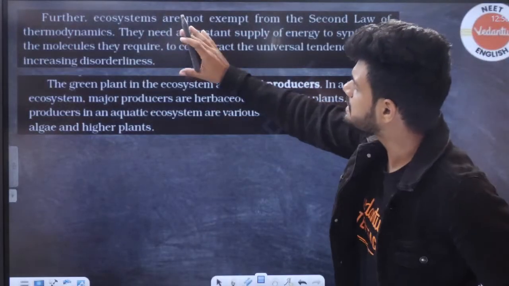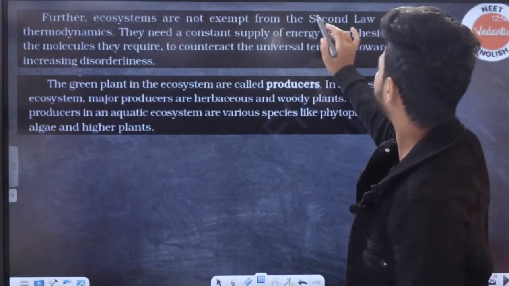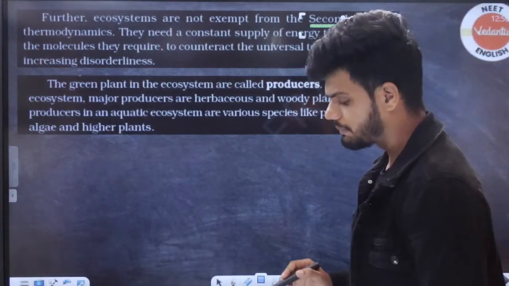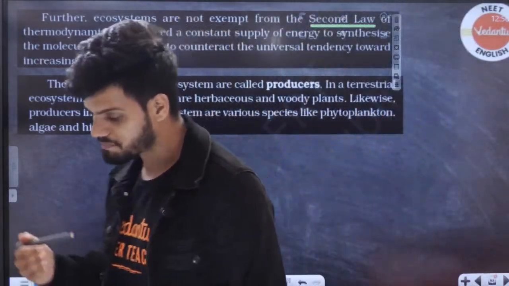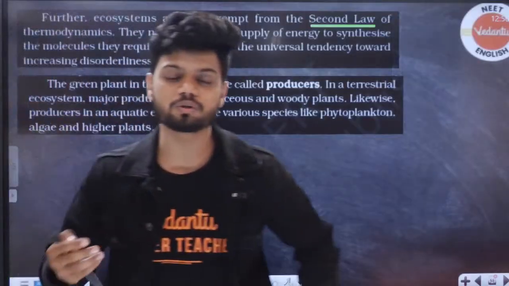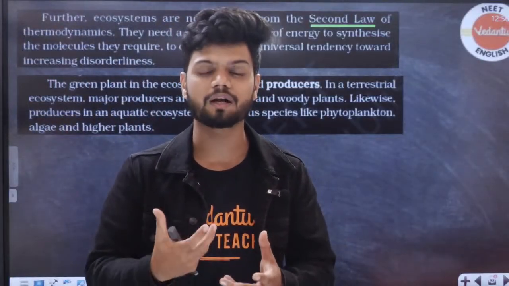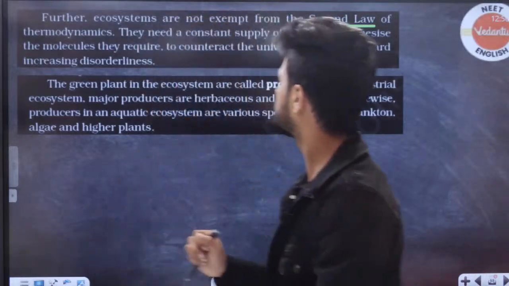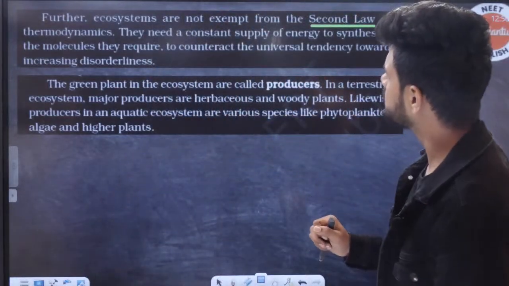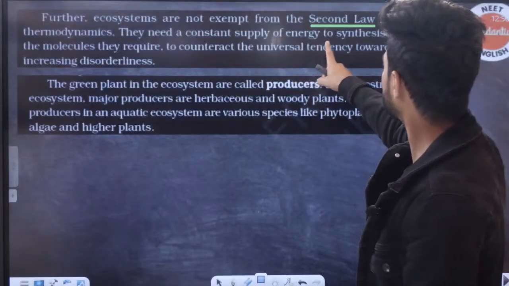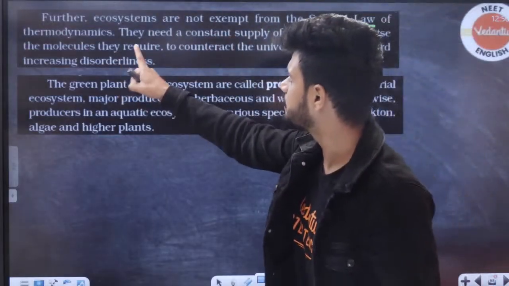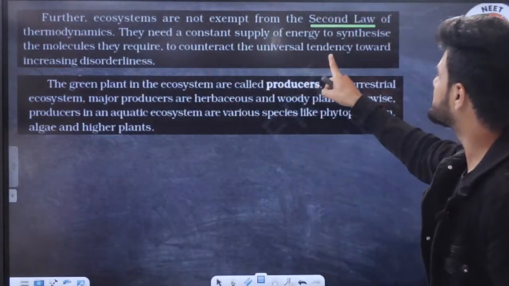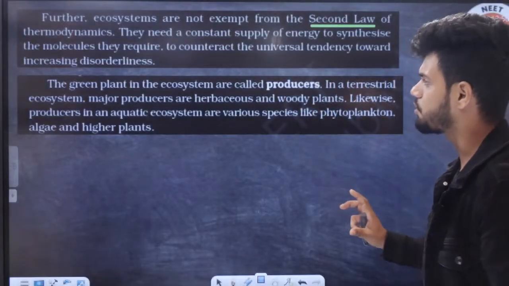Now, further, ecosystems are not exempted from the second law of thermodynamics. The second law of thermodynamics says that energy has to be always provided to counteract the entropy, to counteract the randomness of the universe. Furthermore, it needs a constant supply of energy to synthesize the molecules they require, to counteract the universe's tendency towards increasing disorderliness.